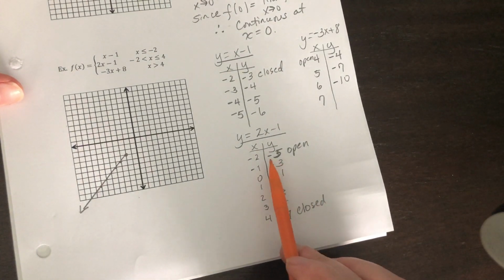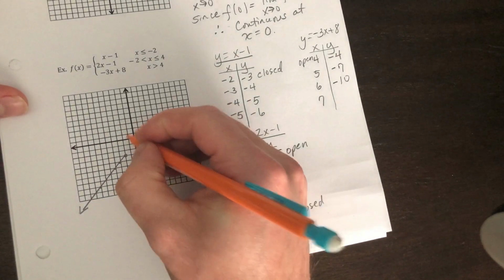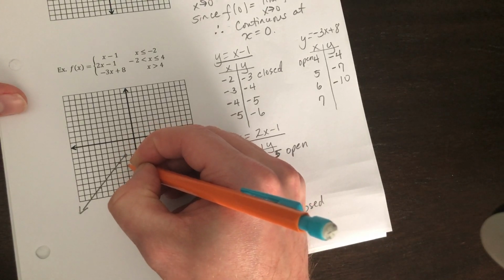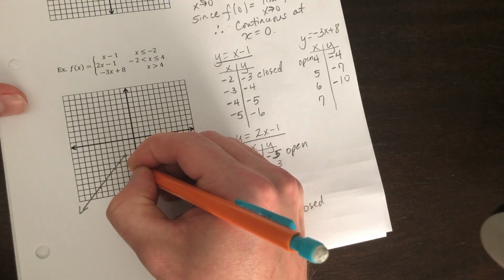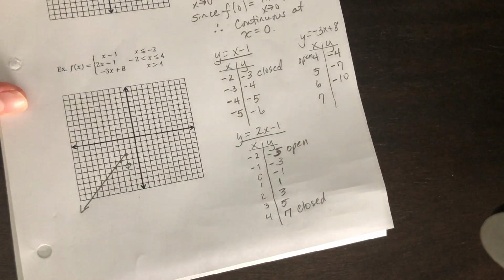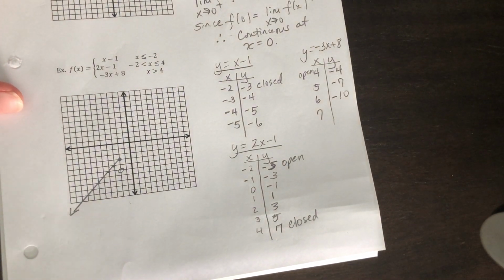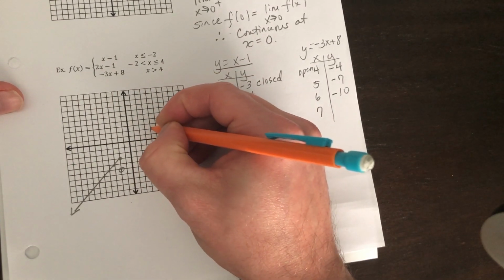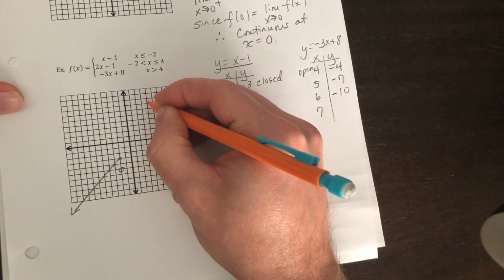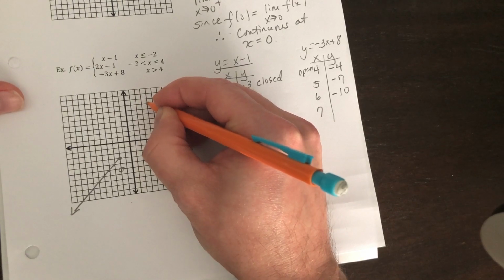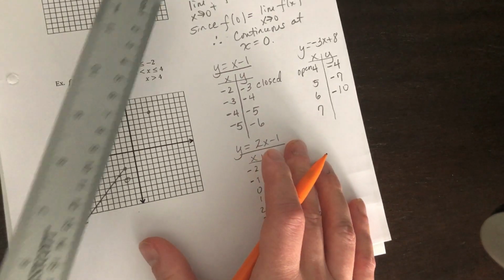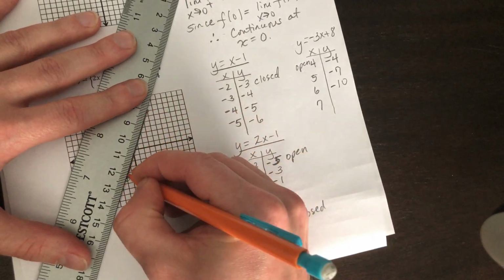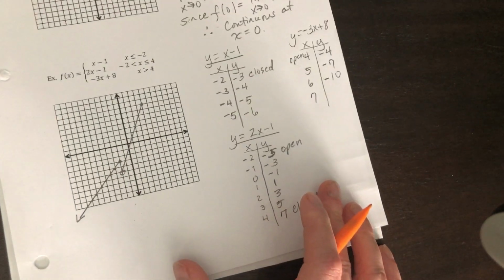We're going to graph that for these points right here, negative 2, negative 5. 3, 4, 5. It's going to be open right there. And I'm going to go to the point 4, 7. 1, 2, 3, 4, 5, 6, 7. It's going to be closed. So I'm just going to connect the dots between those 2 points. You can plot all the points in between if you want to. So it looks like that.